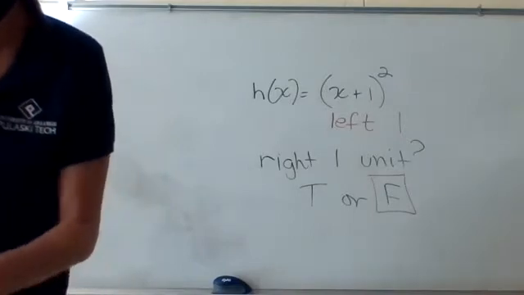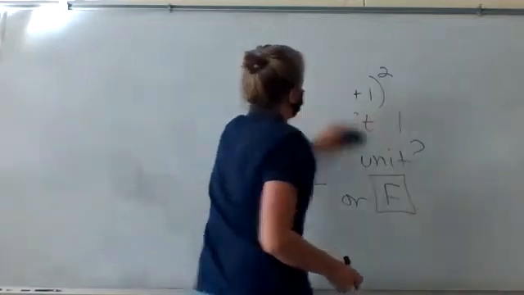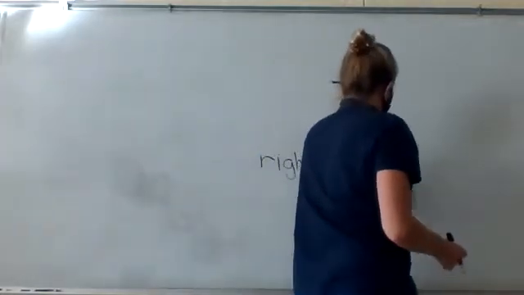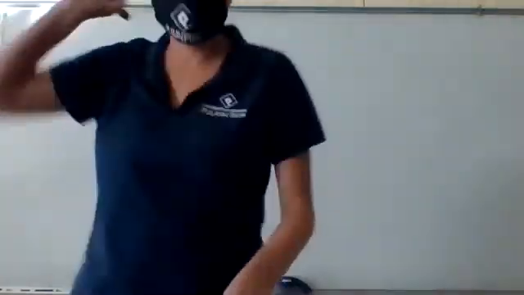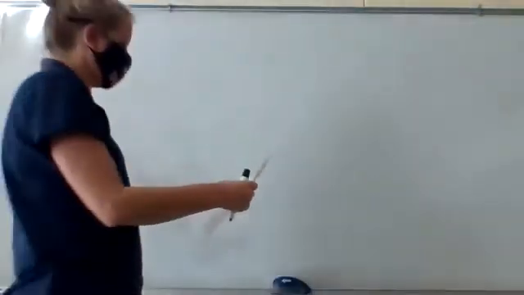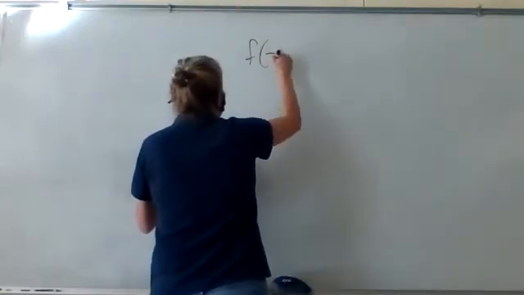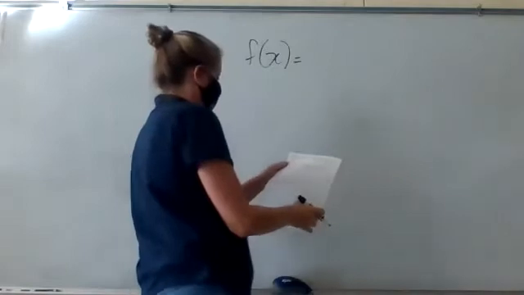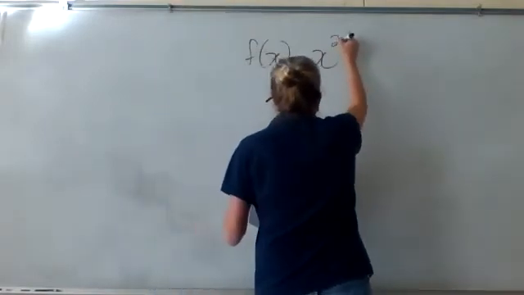All right, number 13. It gives us another parabola graph and then asks us several questions about it. It has f of x equals x squared minus 10x plus 16.